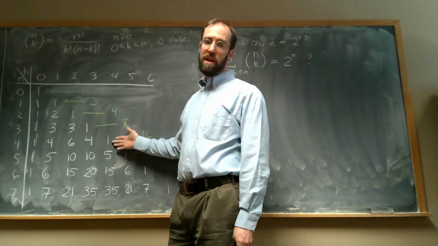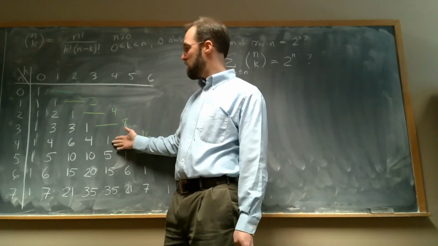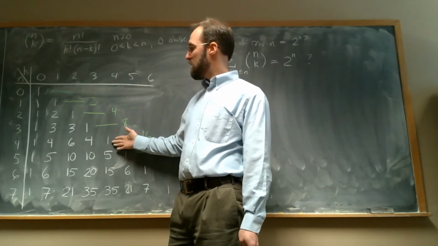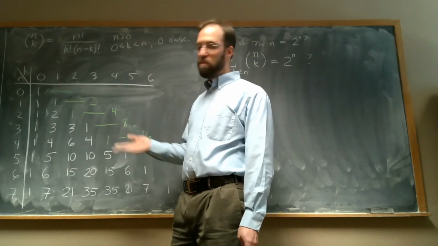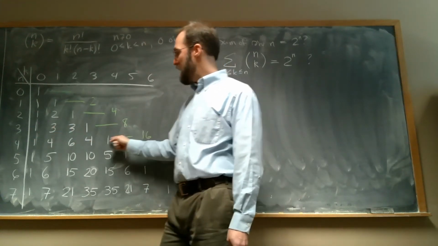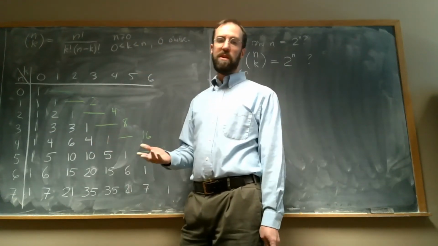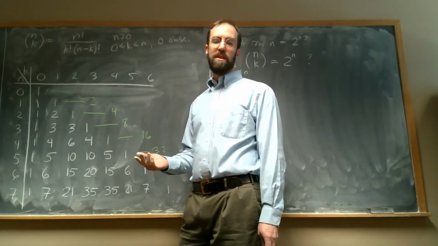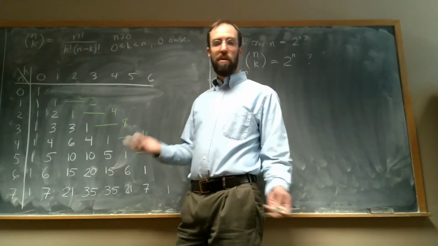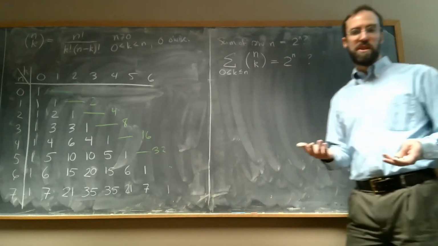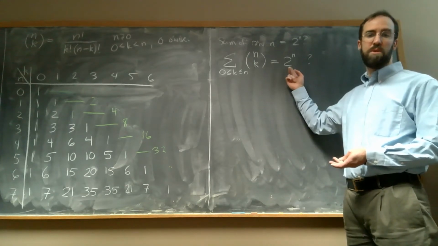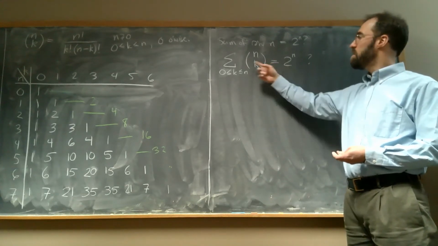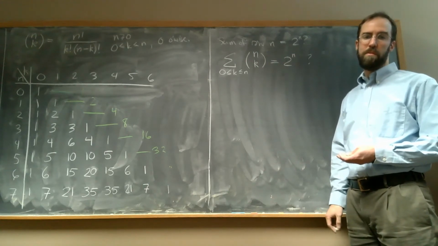Every subset is going to have some particular size, and a subset of a size 4 set has to have a size between 0 and 4. And so by the sum rule, adding up all the numbers in a row should give us the total number of subsets of a set of that size. And we already know that the number of subsets of a set of size n is in fact 2 to the n. Okay, so that is a proof that this is always going to be true.